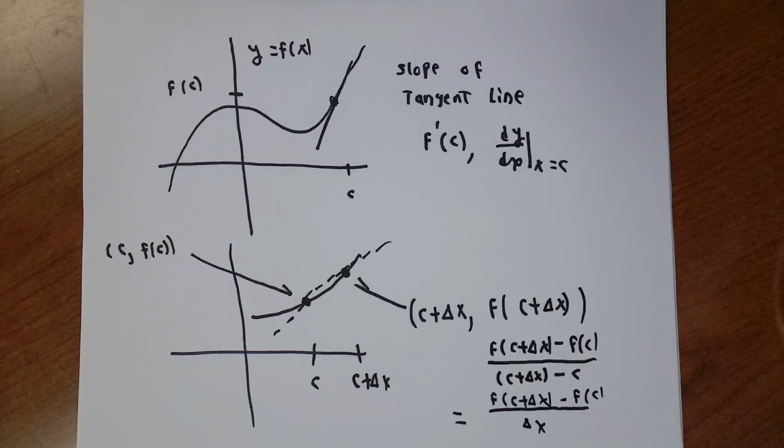The slope of that line is how much the y-coordinate changes divided by how much the x-coordinate changes. Sometimes people will call the top of the fraction delta y, so that this is delta y divided by delta x.